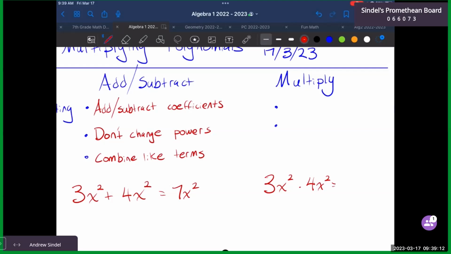Multiply coefficients. And we add the powers. So the powers in this case do change. In the addition case, they don't change. In this one, they do change. And it is going to be 12x to the power of 4. Pretty straightforward. Even in Algebra 2, sometimes we need a refresher on this.